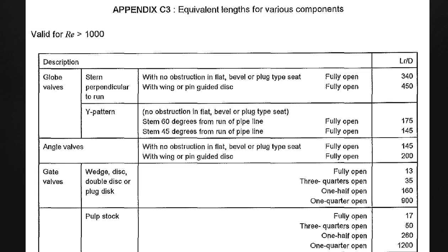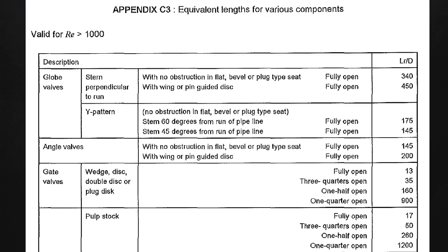The equivalent lengths are functions of the diameter. So for each valve you would use a specific diameter of valve. All right. What is an equivalent length, you may ask? Well, it is the additional length one would need to add to a pipe calculation, theoretically, to factor in any frictional loss that is caused by the valve in question.